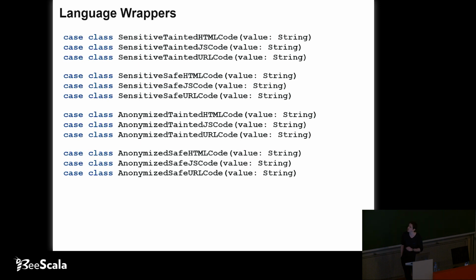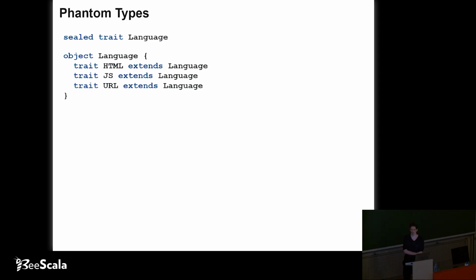Notice that this is still a trait, and all the subtypes are traits as well. So we can't have any values of this type language. Since it's a type without values, we call it a phantom type, and it's here solely to communicate with the compiler. It doesn't have any runtime usage at all. It's just so that the compiler knows about a new concept called language in our code.